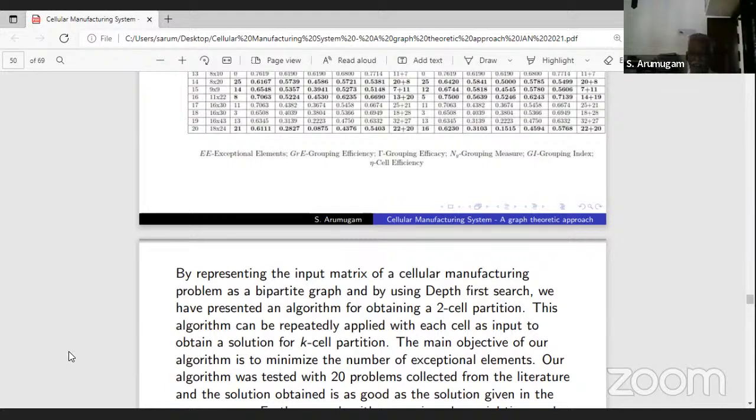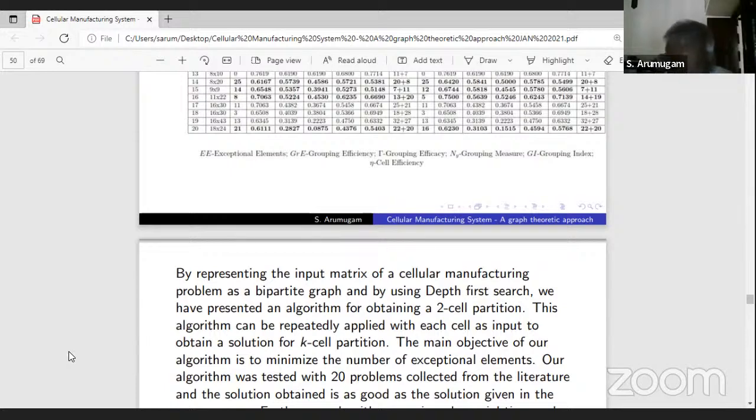Secondly, when a cellular system is formed, the workers in a particular cell become masters of that process because they don't do anything except work within their cell. So work efficiency is much better if you follow cellular manufacturing.